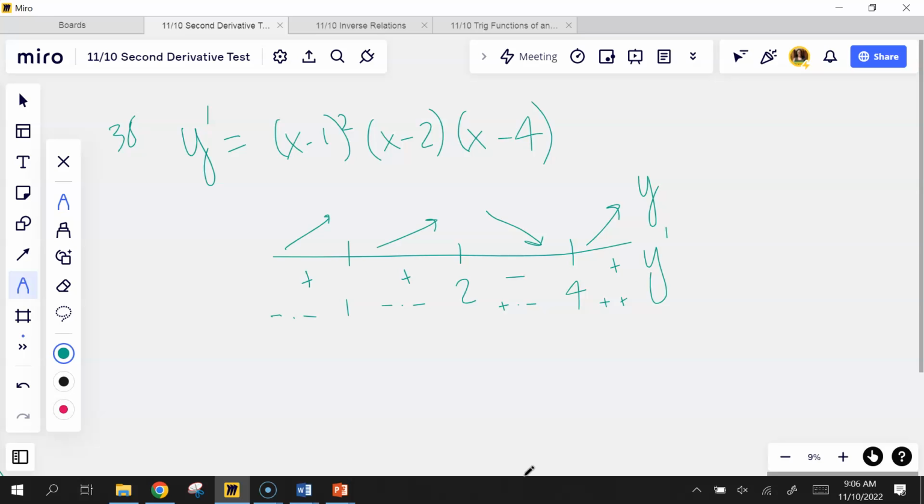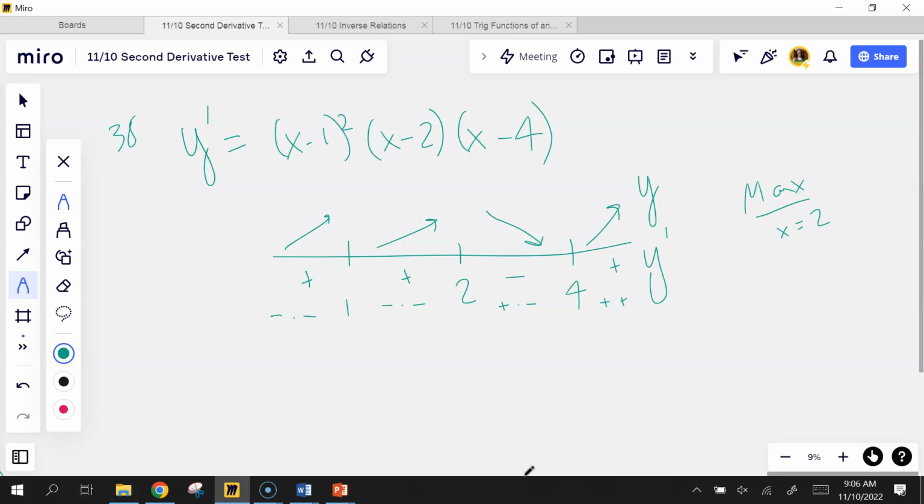So it looks like I have a max. 1.5 minus 2 is negative. 1.5 minus 4 is negative again.